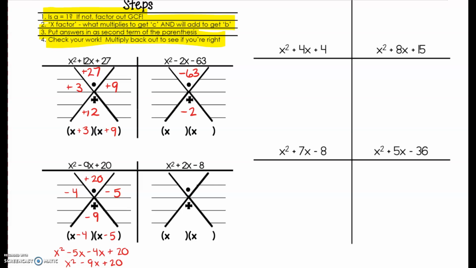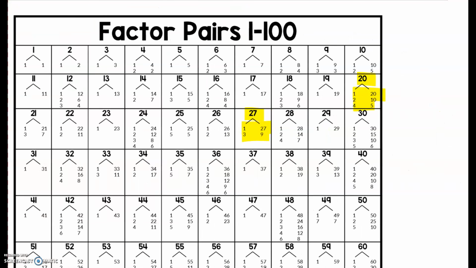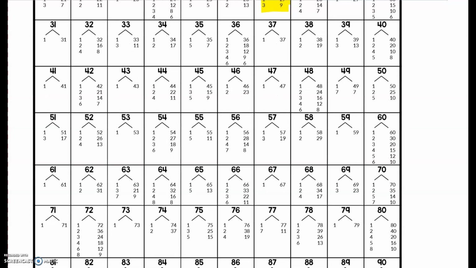So if I go back to my factoring chart, I want to find 63, the c value. So here is my 63. I have three options: 1 and 63, 3 and 21, 7 and 9. The numbers need to add together to give me a negative 2.